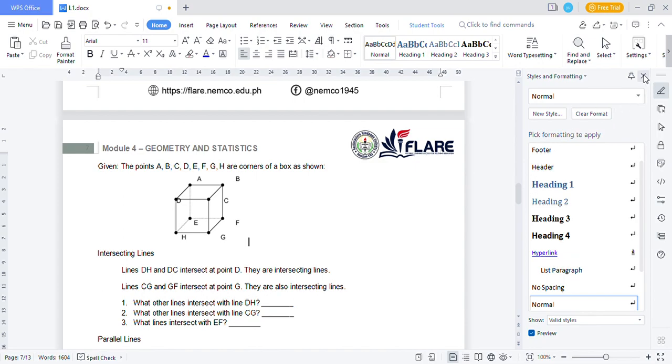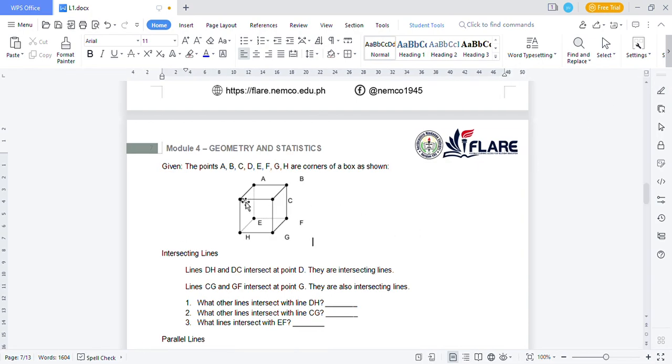We have here again, line DH is here to here, and line DC. Line DH and line DC connect, they intersect at point D. Okay? They meet at point D. So DH and DC meet at point D, and they are called intersecting lines, because they meet at point D. Okay?